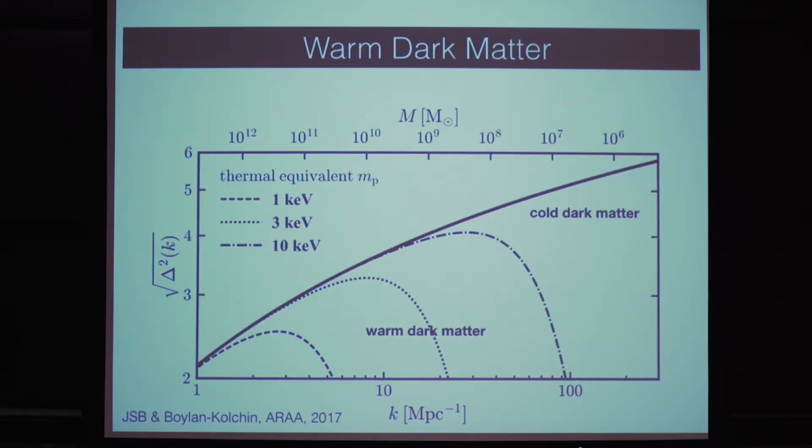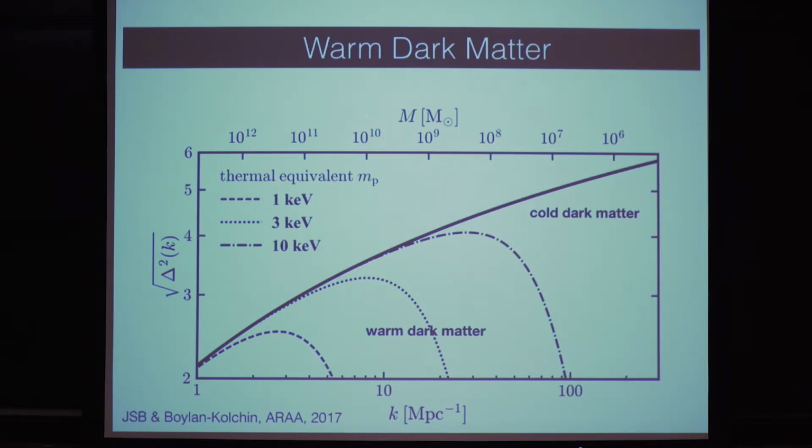So warm dark matter, what is it? Just as another alternative, rather than SIDM, which, by the way, I should have clarified this, but generically, if you just have self-interacting dark matter, you can have a cold self-interacting dark matter. So what that means is you have a power spectrum that looks like this. The only thing that's different is you have this collisional interaction among the dark matter particles.